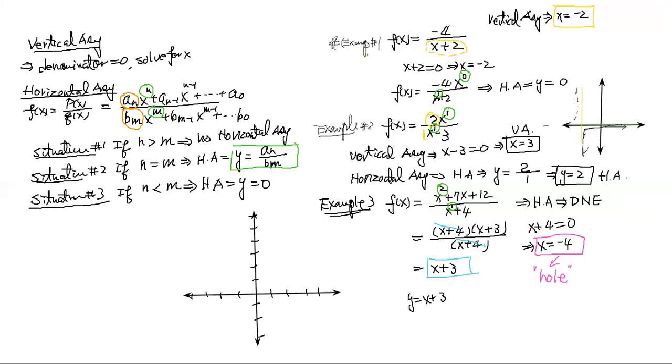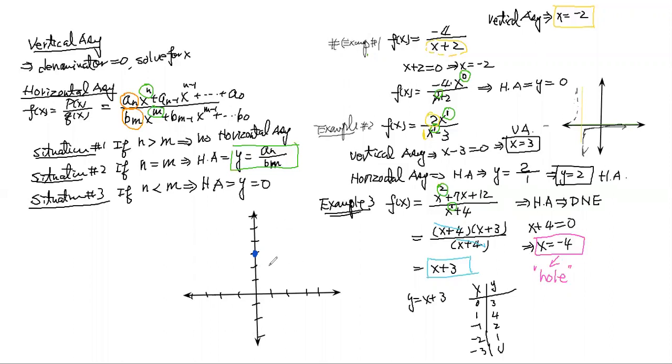Okay, so when x equals 0, y equals 3, so this is your first point, right? Then x equals 1. So you do a little table here, x and y. So x equals 0, y equals 3; x equals 1, y equals 4; then x equals negative 1, y equals 2; negative 2 is 1; and negative 3 is 0. Okay, so you can choose a few points here.